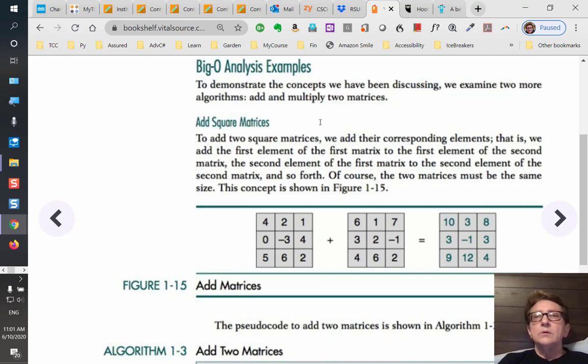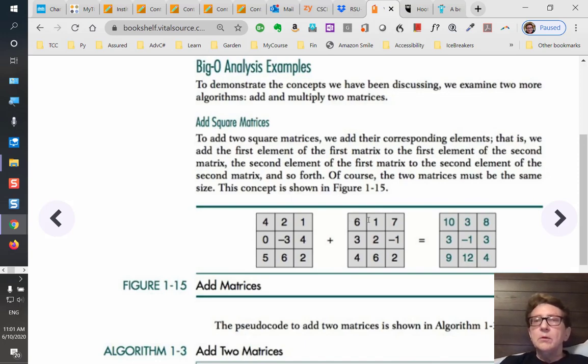If we're going to add square matrices, if you don't know your math, don't panic. All that means is a matrix is a two-dimensional array. Let's say we've got two 3x3 arrays and we want to add them together. What that means is you take this element and add it to that element and put it there.